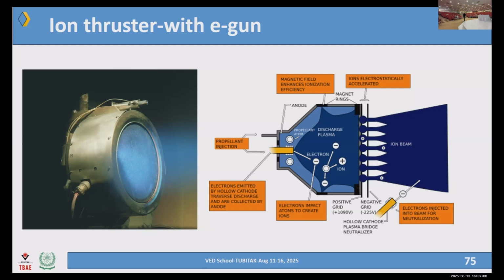This was the first lesson we learned yesterday: if you want to talk to a particle, you have to first create a charge. Only then will you be able to accelerate or decelerate it. So first you create ions, then you accelerate them, and then you neutralize them. The extra electrons that are needed come from an electron source.